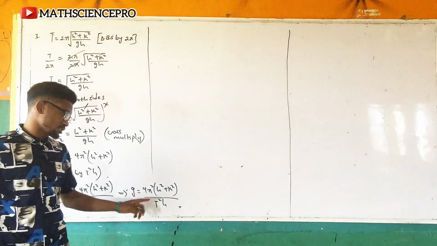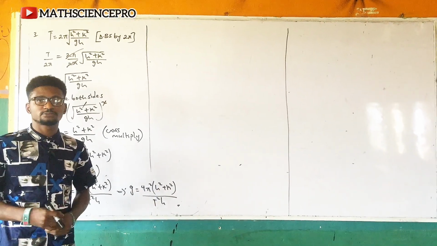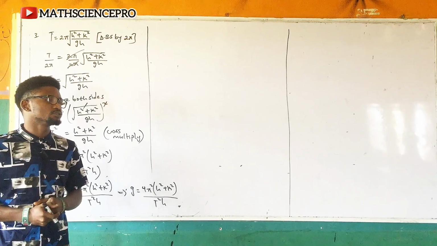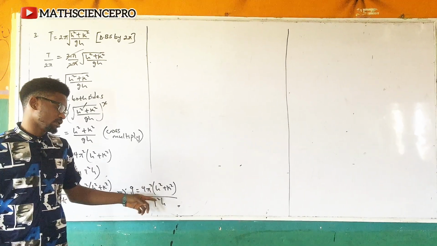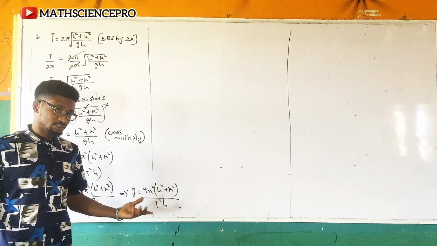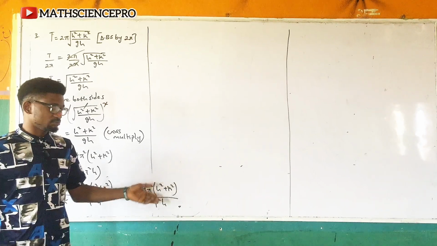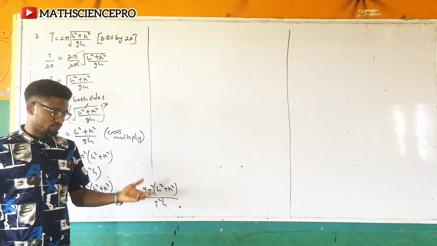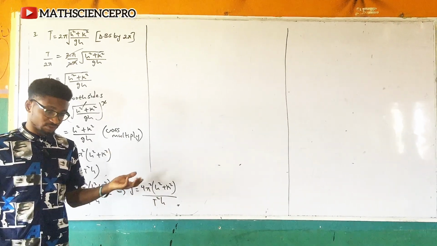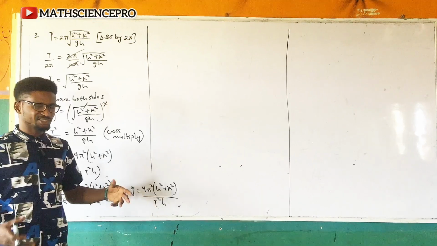You can decide to expand this, your choice. Other questions can ask you to evaluate, and they'll give you values for pi, h, k, and t. All you have to do is simplify. I can ask you to evaluate g when pi is 22 over 7, h is 14, k is 5, t is, I just give you values.